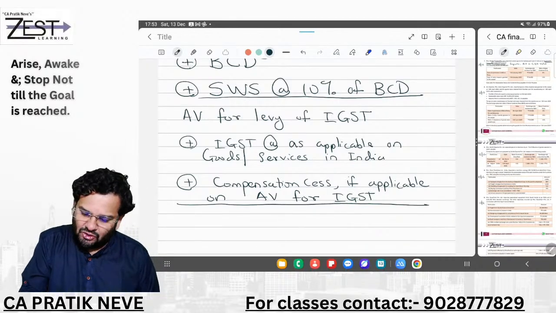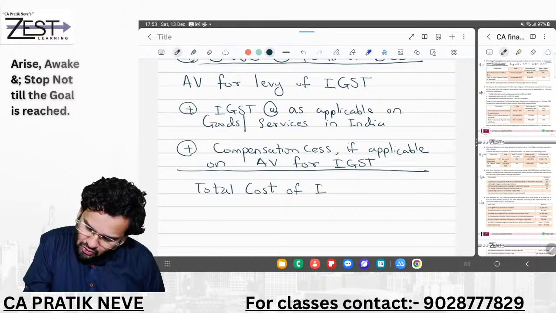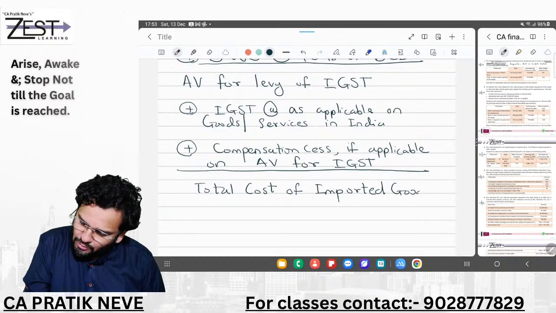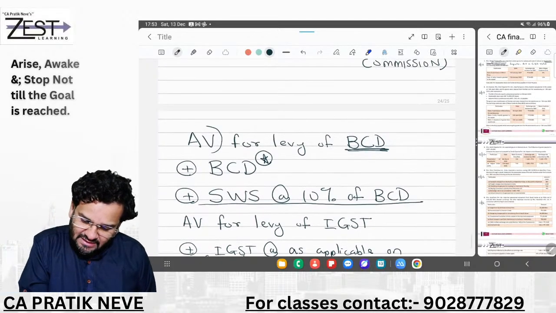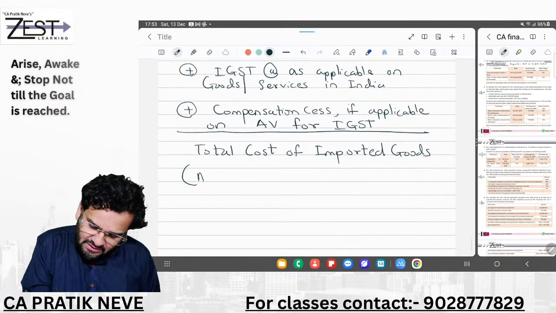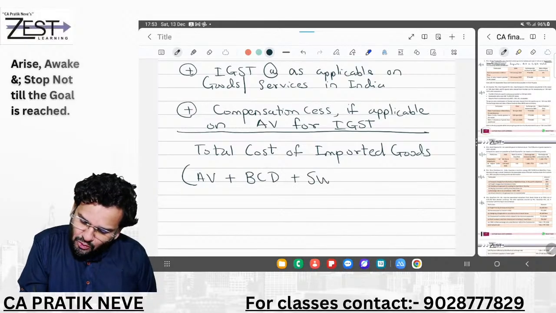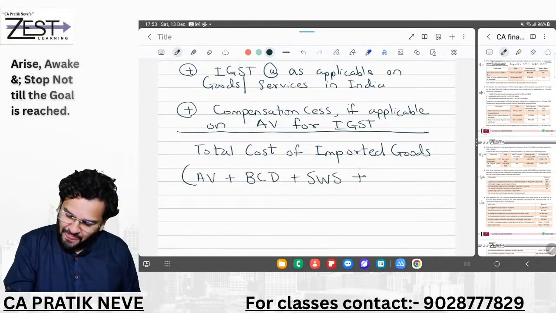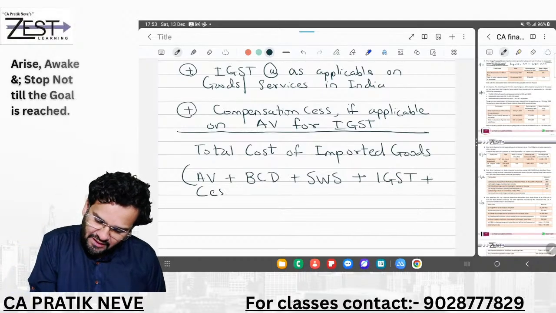Now friends, you will get total cost. What you will get now? You will get now total cost of imported goods. So basically total cost of imported goods is assessable value for levy of BCD plus BCD plus SWS plus IGST plus cess if applicable.